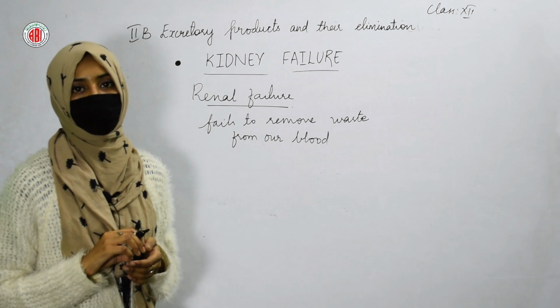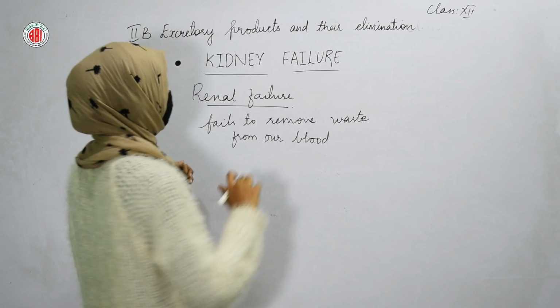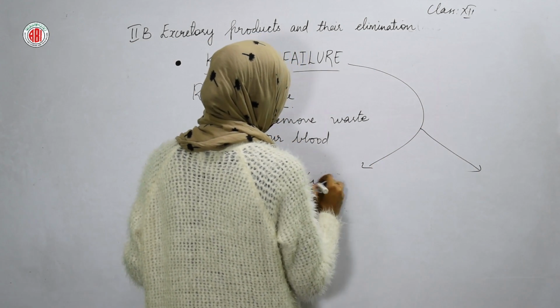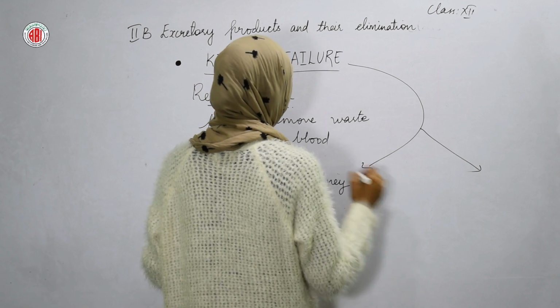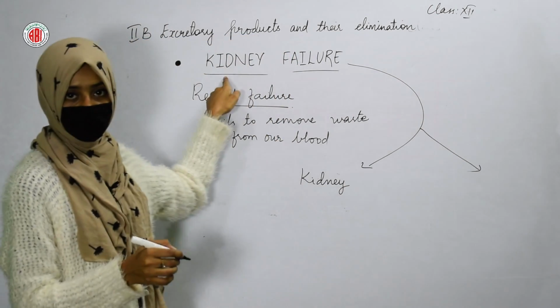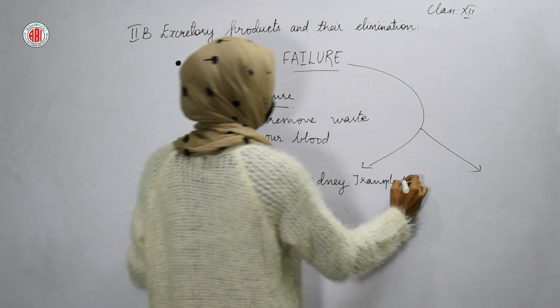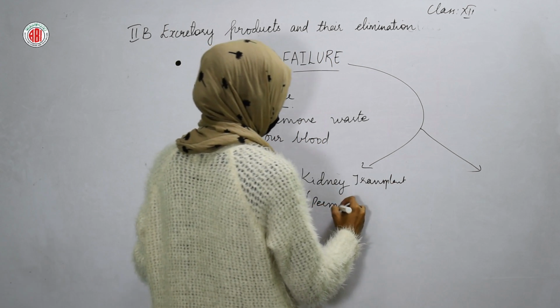Now in this situation, what do we need to do? We can go for a kidney transplant. So kidney transplant can be the treatment to cure kidney failure, and this kidney transplant is a permanent solution.